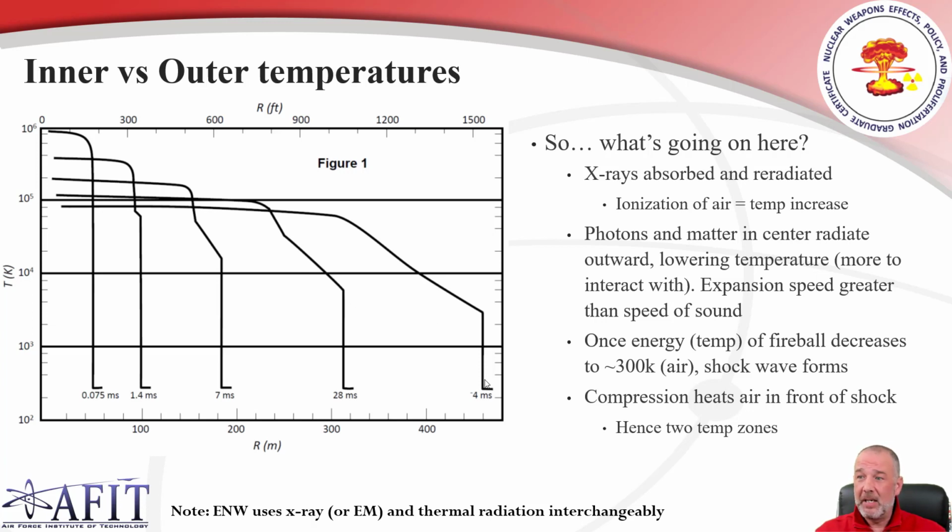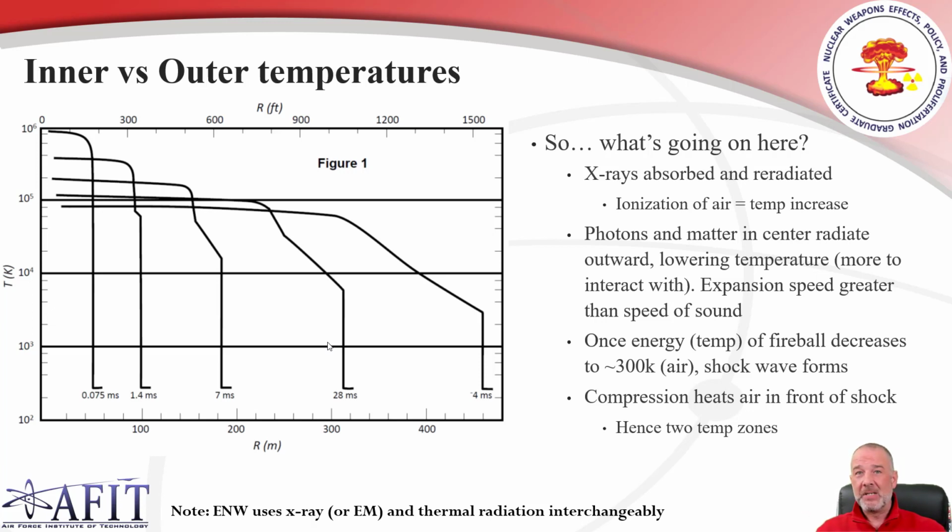And then if we look here at about 4 milliseconds, we've dropped down to somewhere about 3,000 degrees. This is all in Kelvin, by the way, absolute temperature. So the internal fireball temperature is tens of thousands of degrees, but the outside one, the one we're seeing, is only about 3,000 degrees.